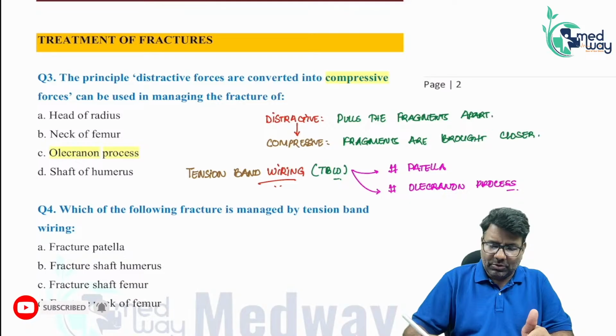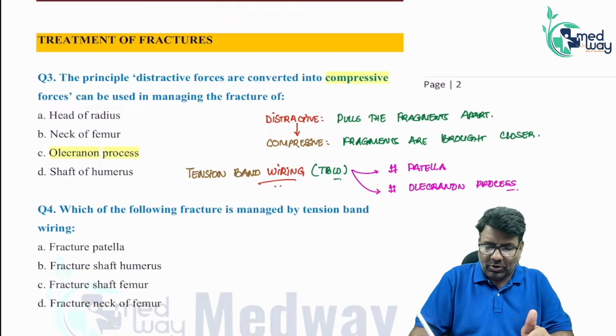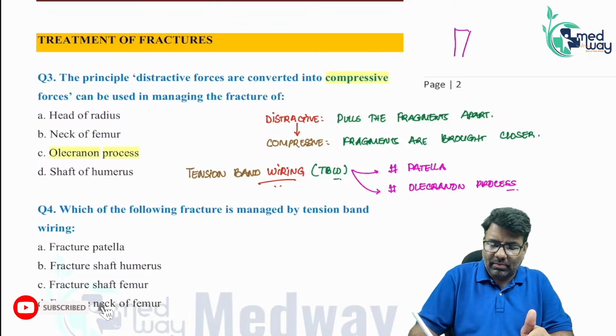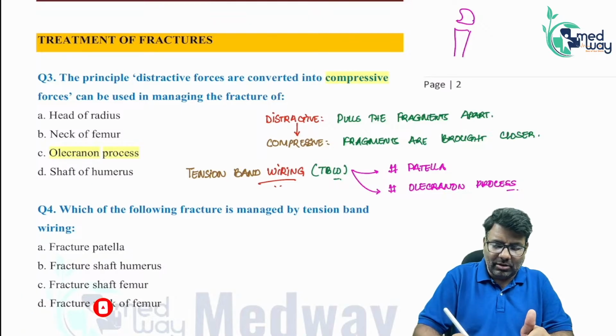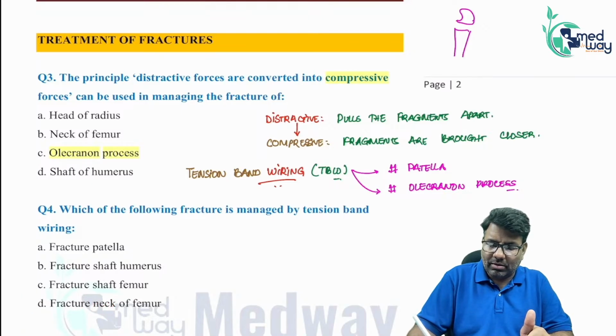And in terms of olecranon process fracture, suppose if this is the fractured segment, we know that there is the insertion of triceps muscle here. This is the triceps muscle, right?